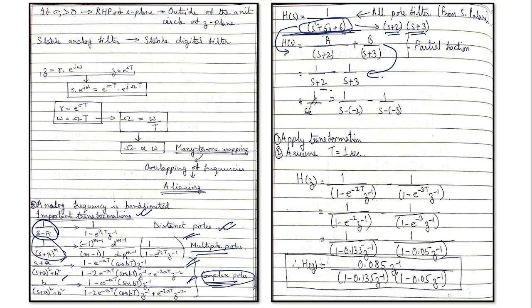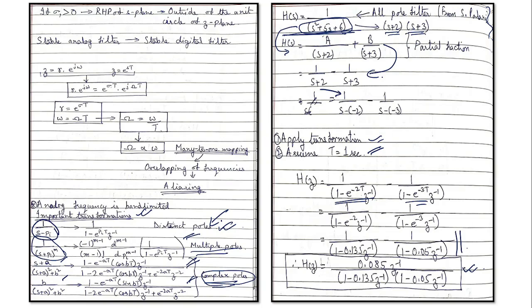So we can break it down into 1 by s minus of minus 2 minus of 1 by s minus of minus 3. Now we can apply the transformation because it is in the form of distinct poles. So you apply it, and since nothing is given over here, we can consider that T is equal to 1 second, and just by putting these values over here and simplifying this, we get the transfer function over here.